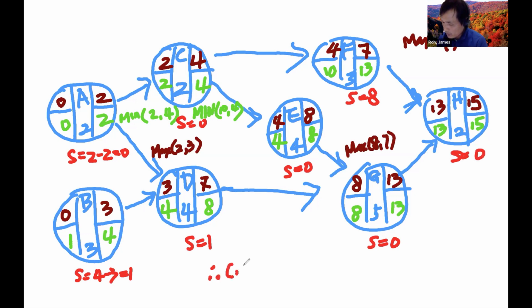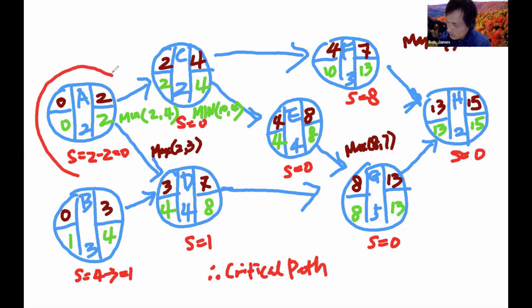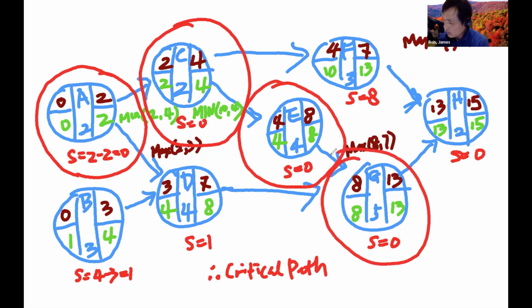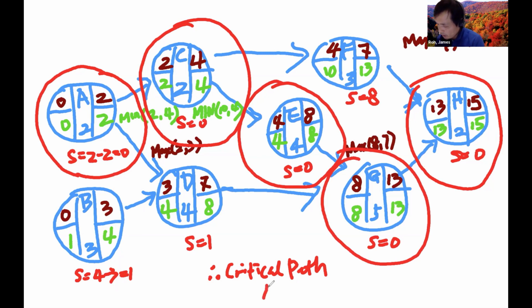Therefore, the critical path is this one, this one, this one, G, and H. So the critical path equals A to C to E to G to H, and it takes 15 weeks.